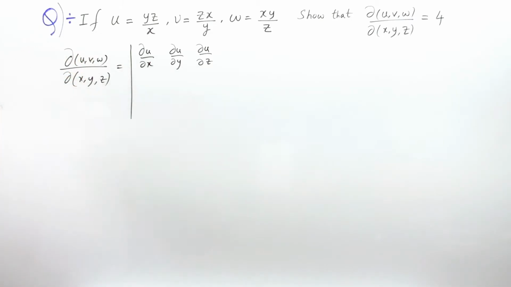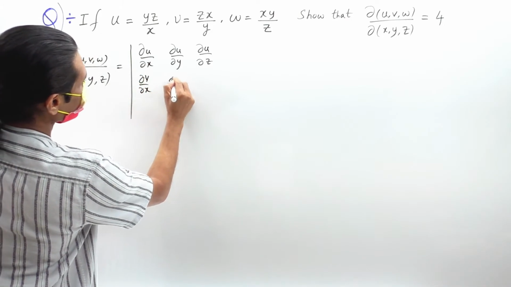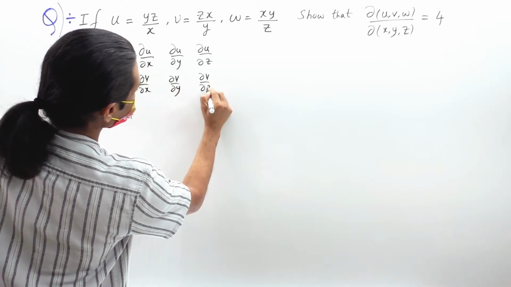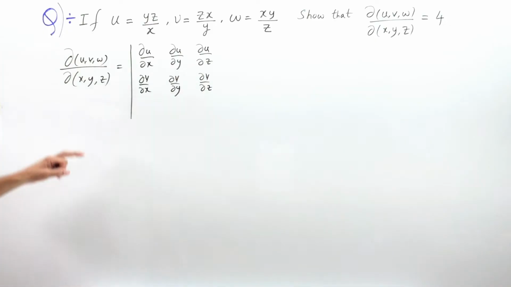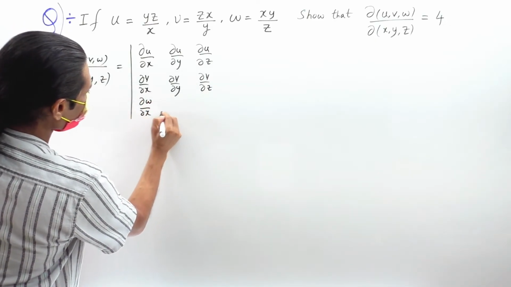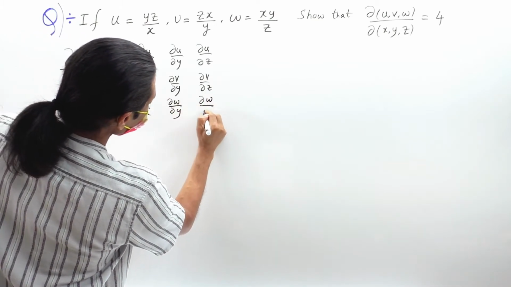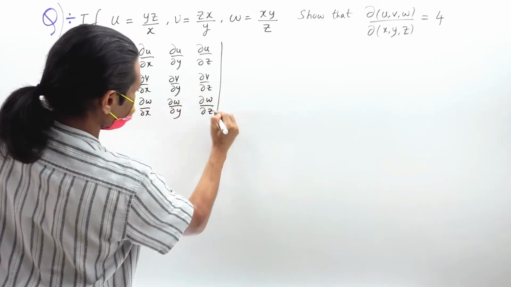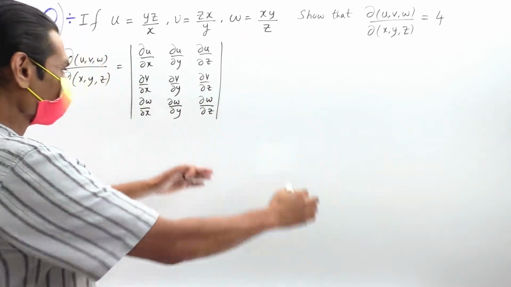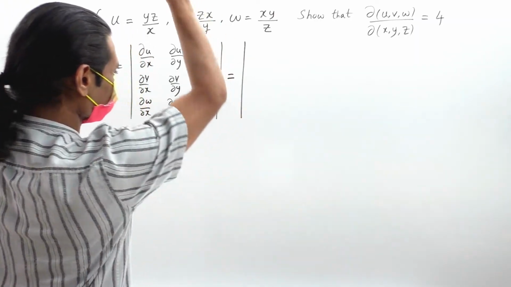Next, v with respect to all. So dou v by dou x, dou v by dou y and dou v by dou z. Lastly, w with respect to all, dou w by dou x, dou w by dou y, dou w by dou z. That's it. Now, let's fill this determinant with all the partial derivatives.